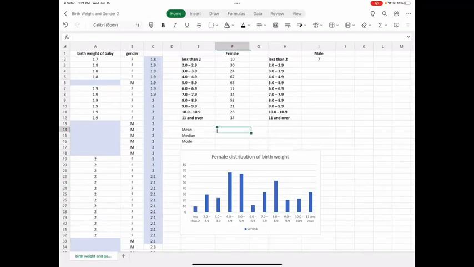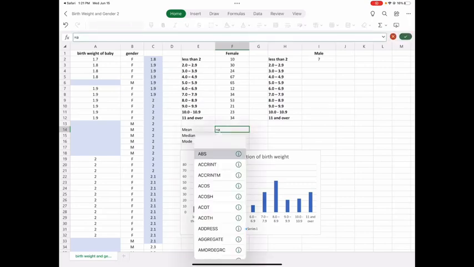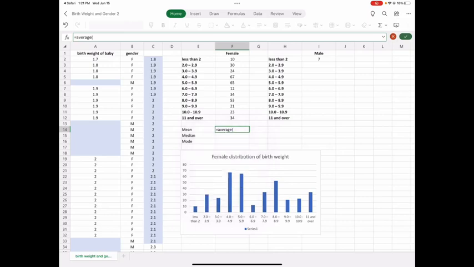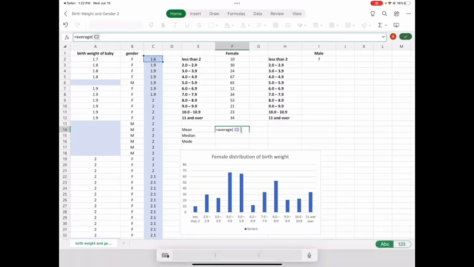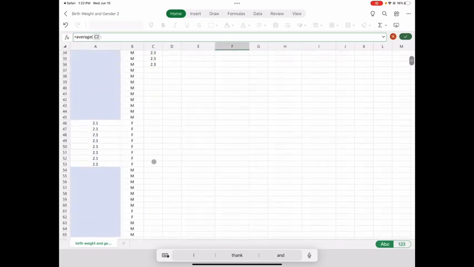Okay, so the next thing you're going to do is the mean. I want to find the mean of the females. So I'm going to hit an equal sign, and I would write average, because that's the command for Excel. This first average is up here at C2. Notice it put C2 there for me. You can type C2 or you can click it. And then colon, I'm going to go down to the end.